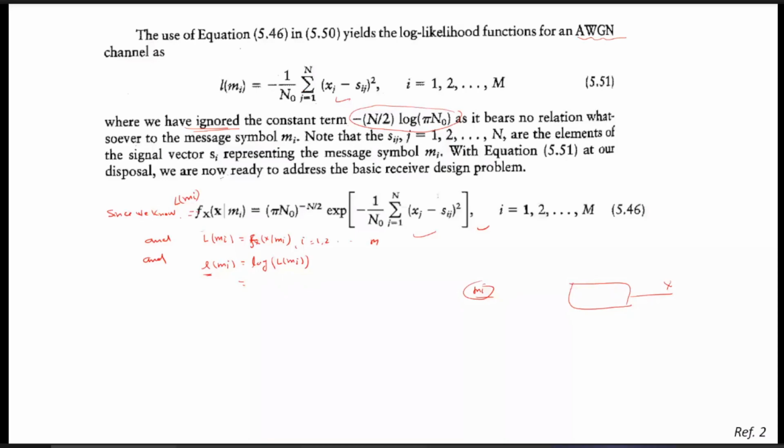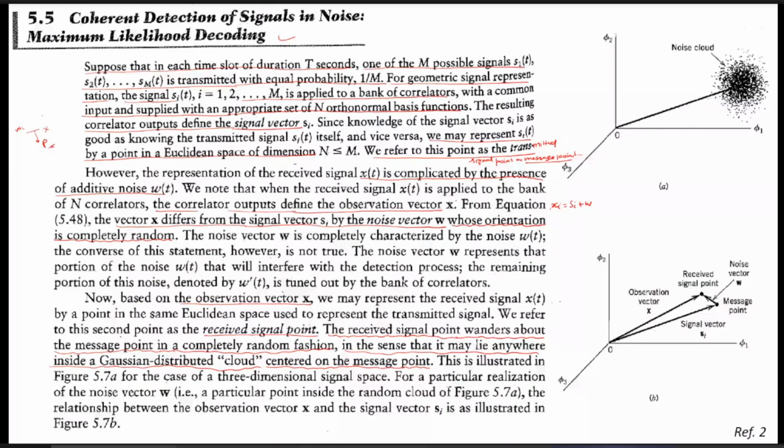We will study this first, and then based on it, our next topic will be the correlator receiver. The correlator receiver is very easy to understand if you understand what I have discussed.